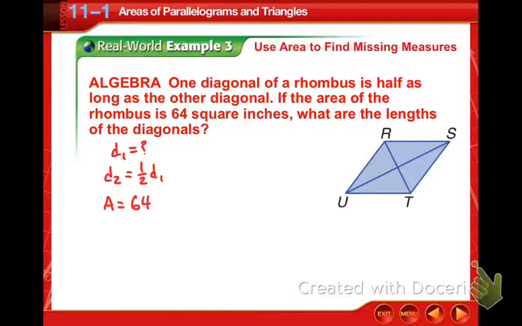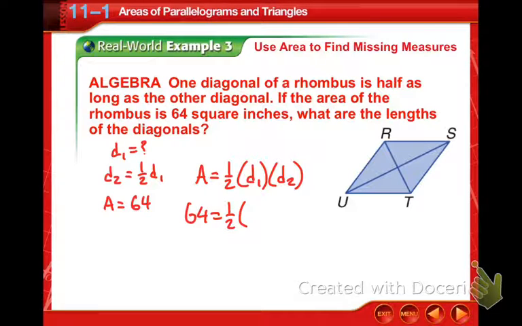So what we're going to do is set up our area formula and plug in what we do know, the area, 64. We don't know what D1 is, but we know D2 is 1/2 of D1, right? So we can plug that in as well.